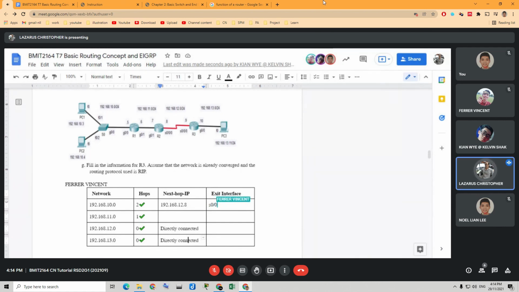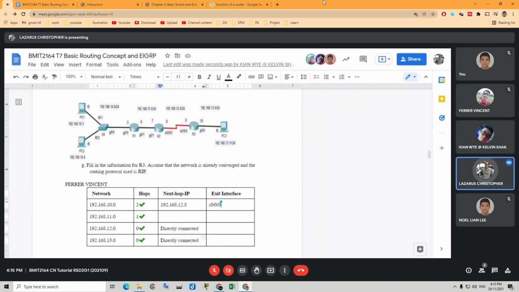You can know if you remember the standard we use for cable. If the cable is like lightning, the red lightning, that one is a serial cable. So if it is a serial cable, usually we use a serial interface.